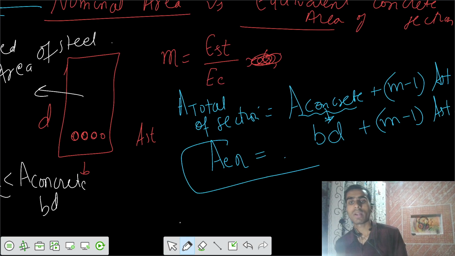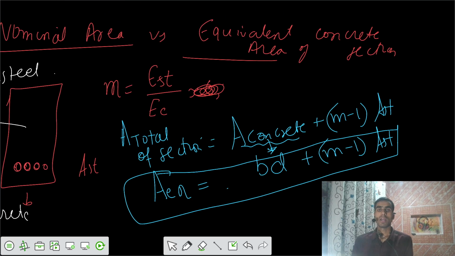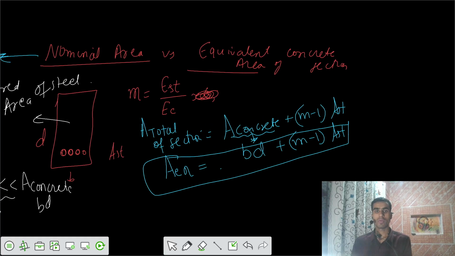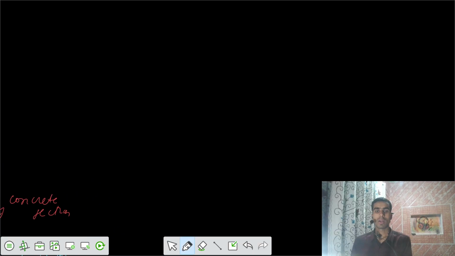This equivalent area is going to resist those moments, such that we can have some stresses. So we are going to take one of the problems and solve it by those two different approaches, and see the variation in the calculations of those stresses.